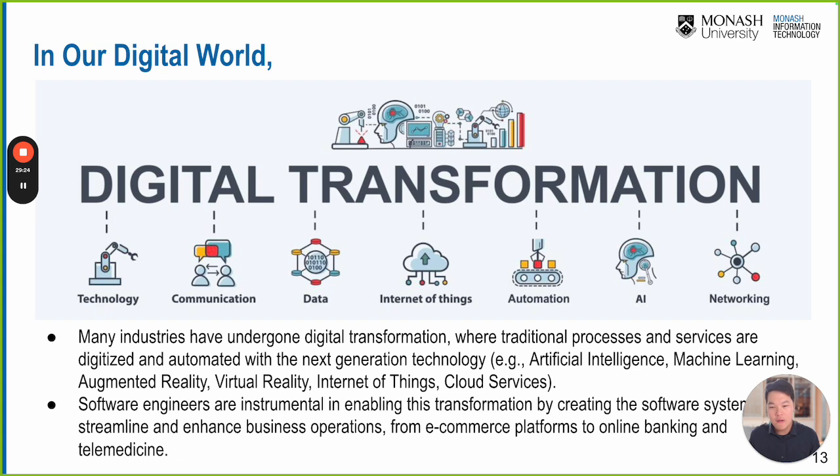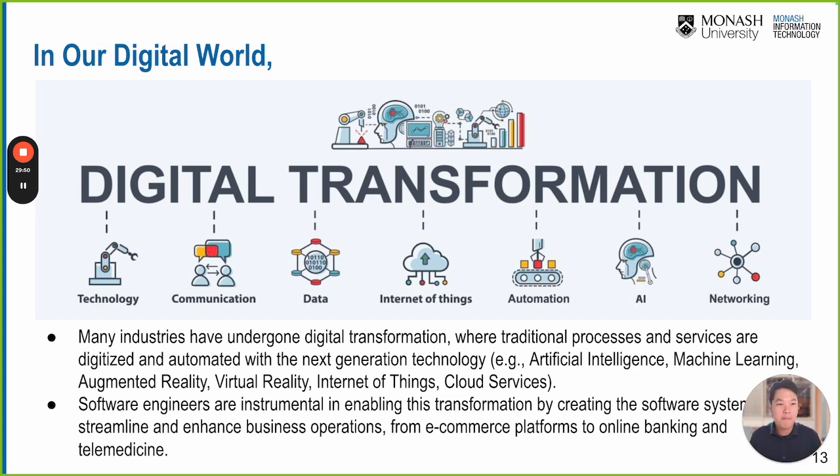So software engineers play an important role in enabling this transformation by creating software systems, enhancing business operations from e-commerce platforms to online banking and telemedicine. Software engineering goes across all domains and sectors at the moment.